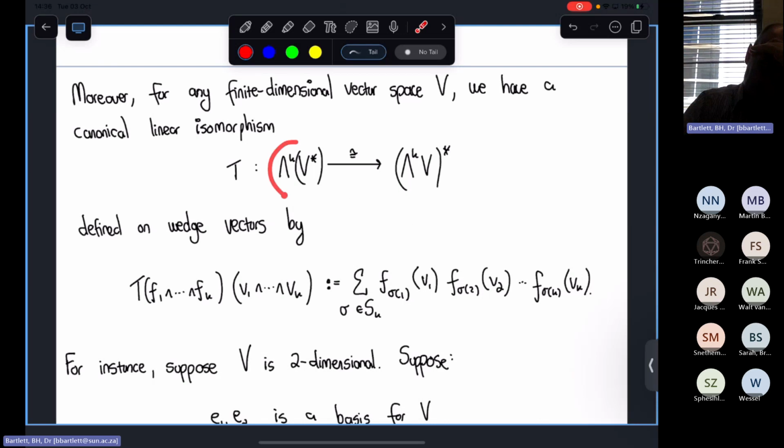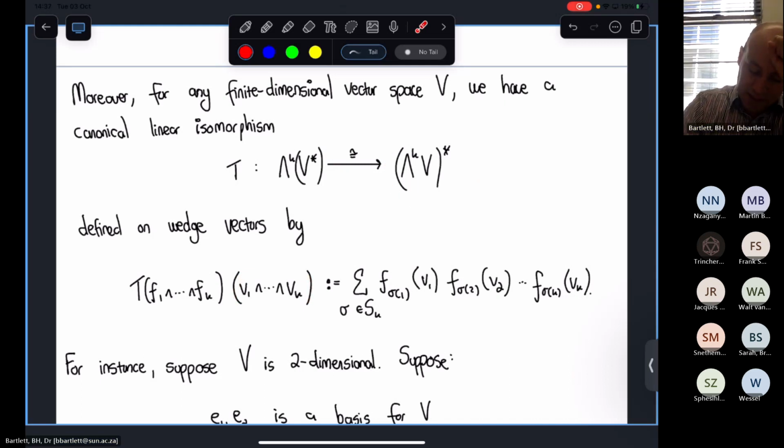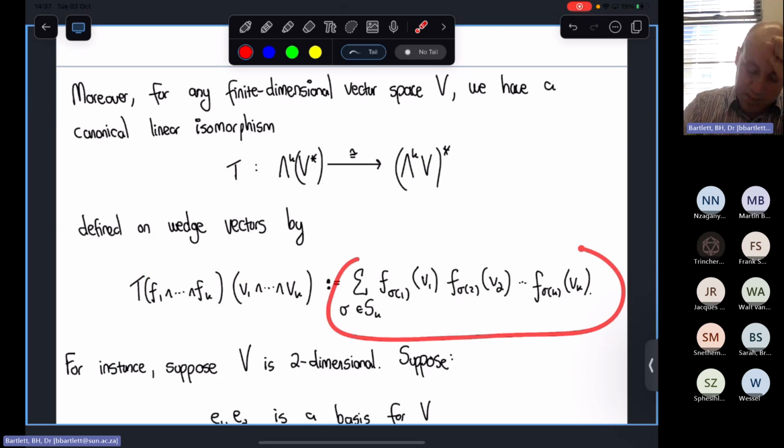If I've got something in here, I want to get something in here. That means I have to tell you it's a functional, so I have to tell you what it does when it eats up a wedge of k vectors. And the way I define it is that each of these guys can eat up each of these guys, and I just sum over all possible permutations of the ways that this guy can eat up one of these.